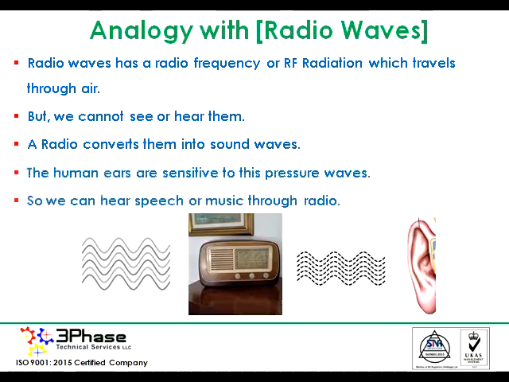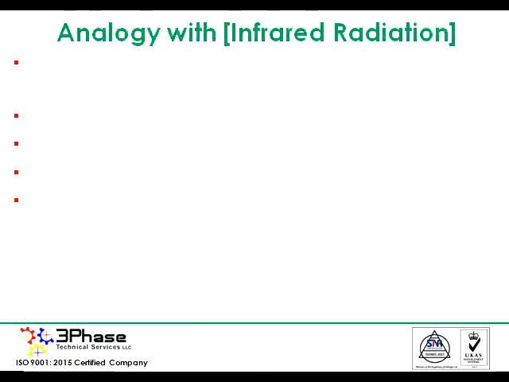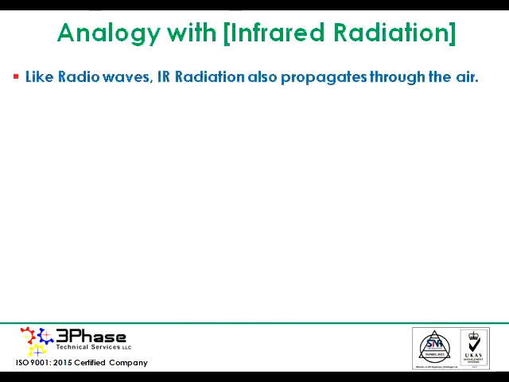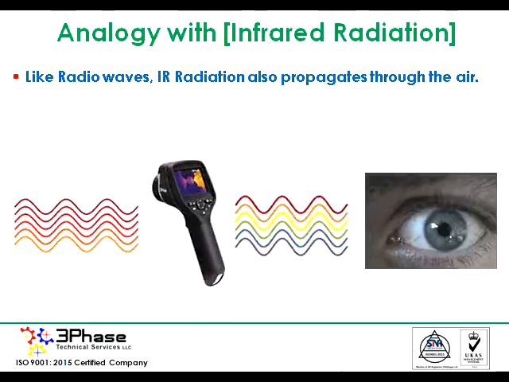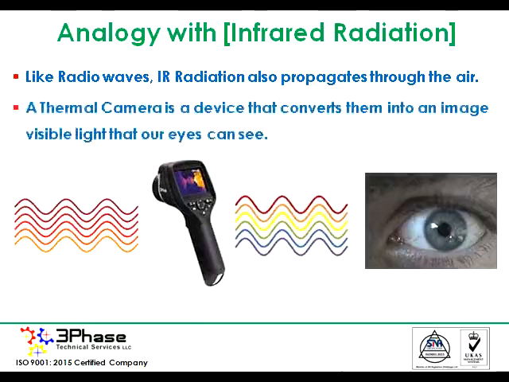So we can hear speech or music through radio. Analogy with infrared radiation. Like radio waves, infrared radiation also propagates through air. A thermal camera is a device that converts them into an image of visible light that our eyes can see.